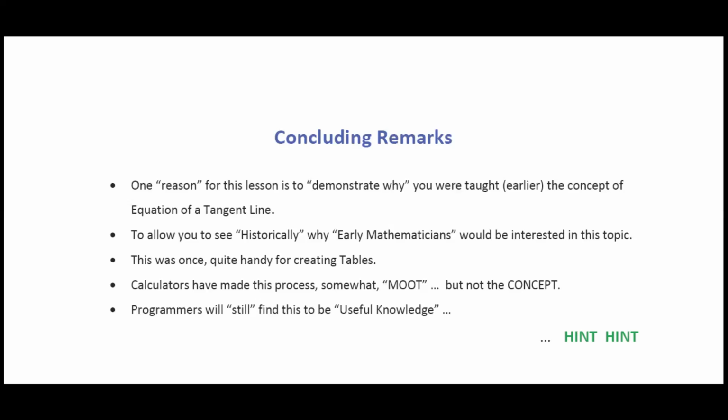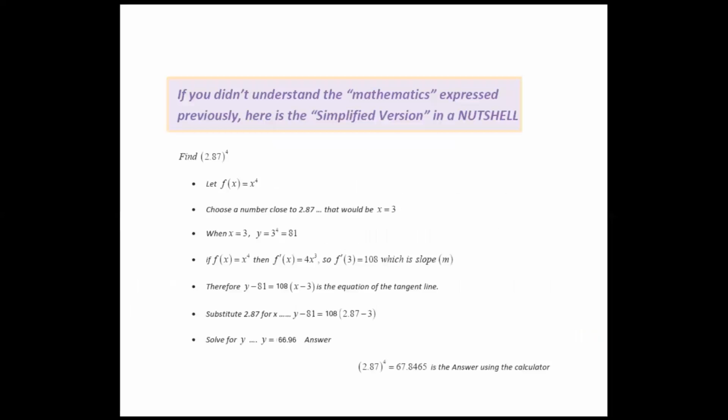If you are in programming and you need to write a program that sets up a table of trig values, this might be handy. Programmers need formulas. So, hint, hint, it could be important for you to know, not only useful, but necessary.